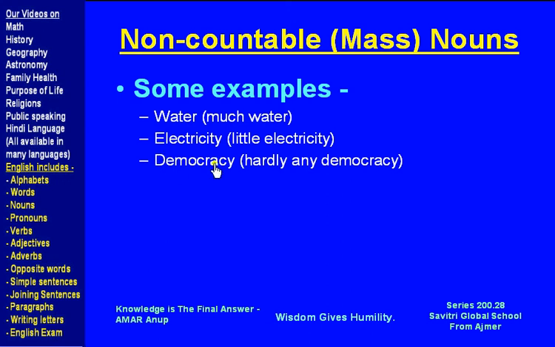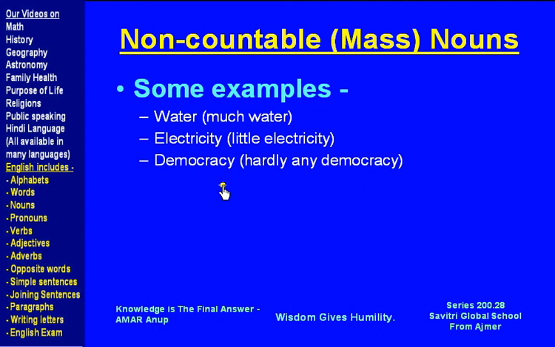Here are 3 examples of non-count or non-countable nouns, also called mass nouns: water, electricity, and democracy. Now water cannot take a number. We cannot say 5 water, we cannot say 6 electricity or 7 democracy. We cannot also make a plural. We can't say waters and electricities and democracies.